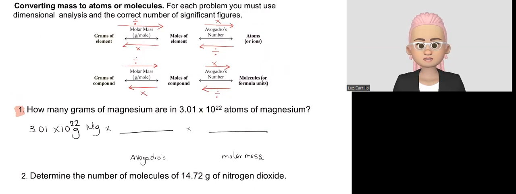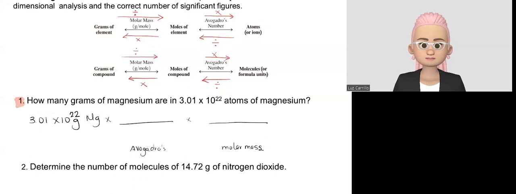Let me fix the units, because it was incorrect to put grams. Atoms is the correct unit that was given to us. We are going to do 6.022 times 10 to the 23rd atoms of magnesium in 1 mole of magnesium.